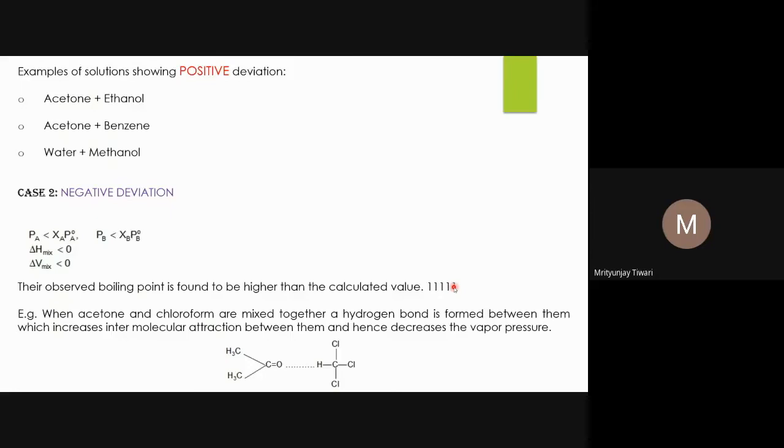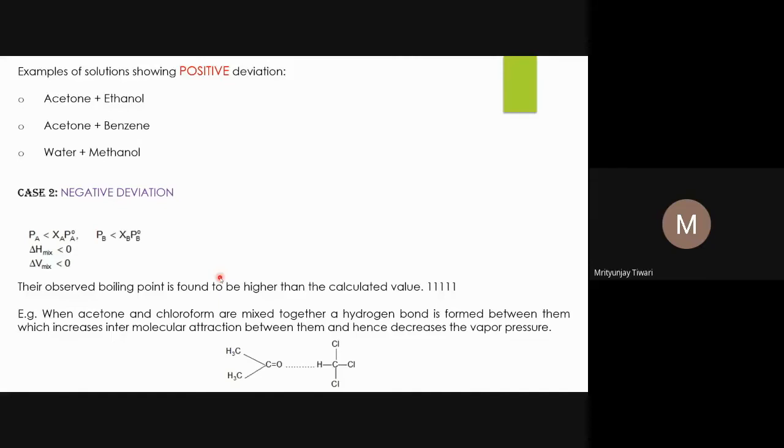This is what we can also make out, because if the vapor pressure is lesser at a given temperature, suppose the vapor pressure at the boiling point of a solvent, a particular volatile component, has decreased, then its vapor pressure at that boiling point will also be lesser. To boil in the solution, you need the vapor pressure equal to 1 atmospheric pressure.